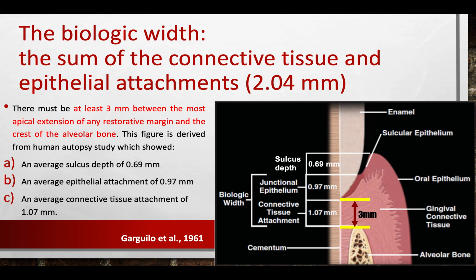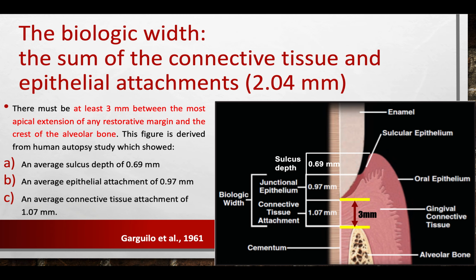There should be a 3 millimeter distance between the crest of the alveolar bone and the margin of your restoration. This figure was derived from a human autopsy study by Gargiulo in 1961.